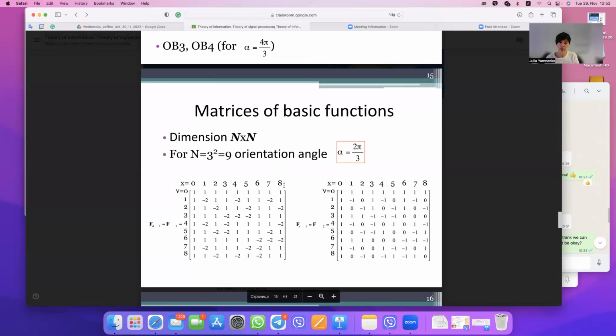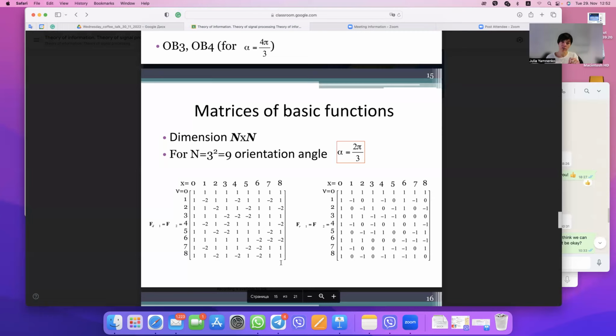So we have the matrix 9 by 9, and if we calculate according to the formulas of the basic function all these values, we will obtain 2 matrices, for the direct and for the inverse transform, both of the same dimension, 9 by 9.